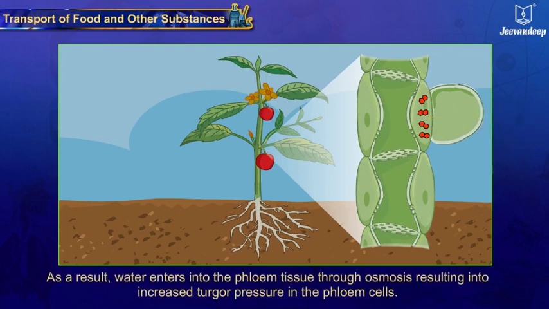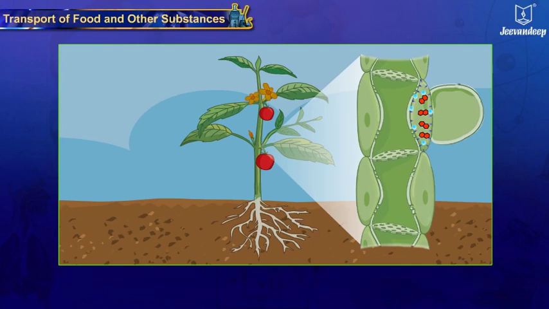As a result, water enters into the phloem tissue through osmosis, resulting into increased turgor pressure in the phloem cells. Food starts moving from the region of high pressure to region of low pressure.